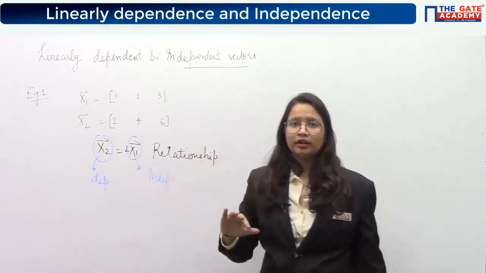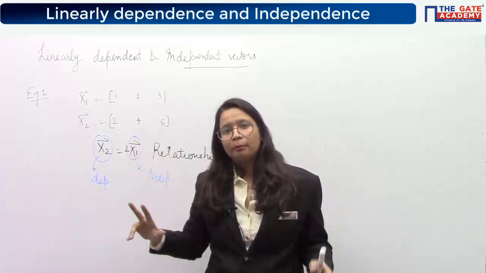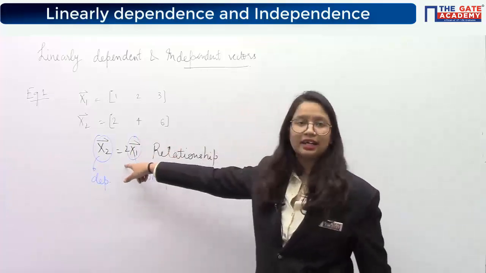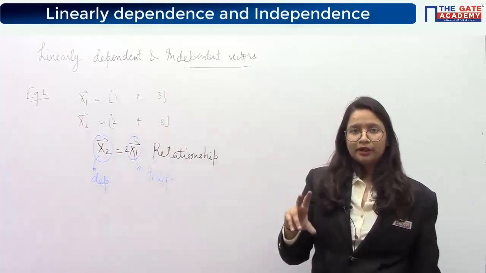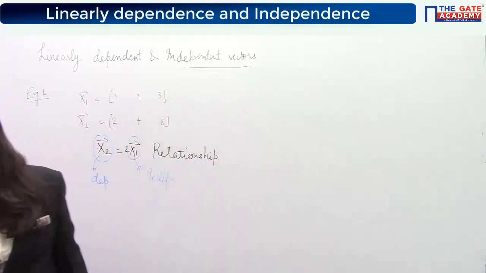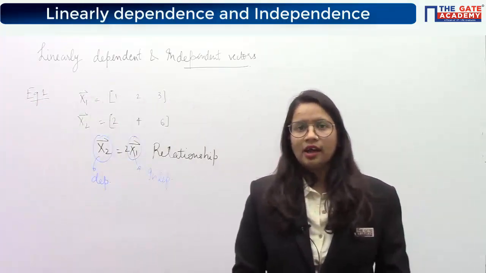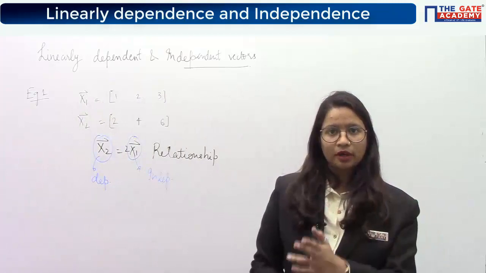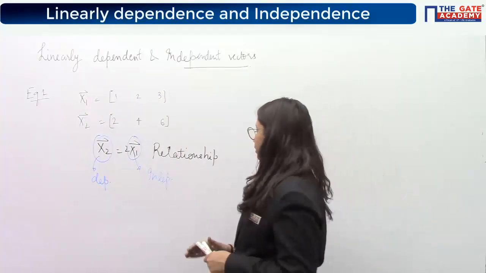If there was no relationship among these two, obviously they would exist independently. But because you could find a mathematical relationship like this, these become linearly dependent vectors. Understood? So for two vectors, if you want to define linear dependency, you can see the slide. If one vector can be written as a multiple of the other, then they are said to be linearly dependent vectors.